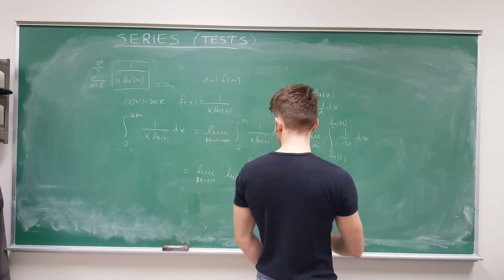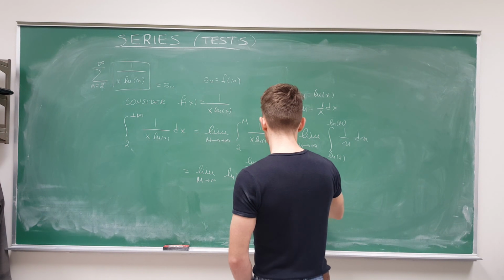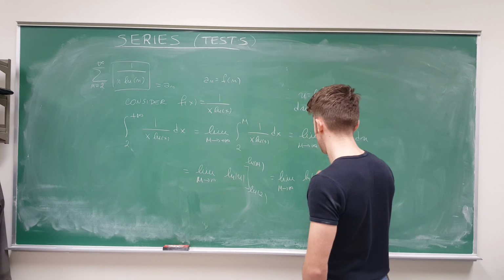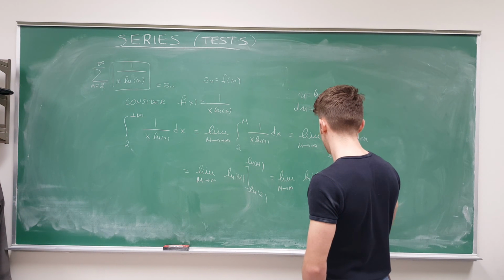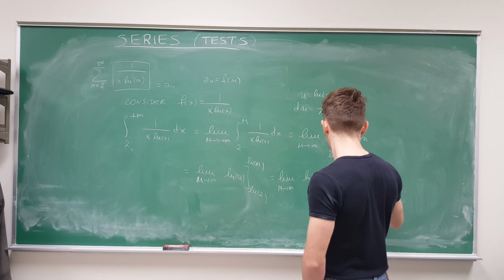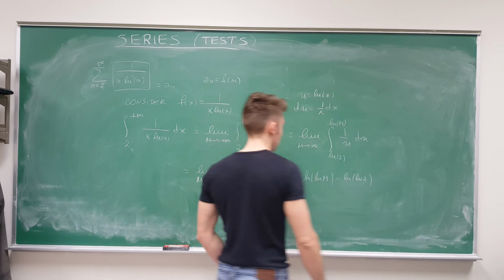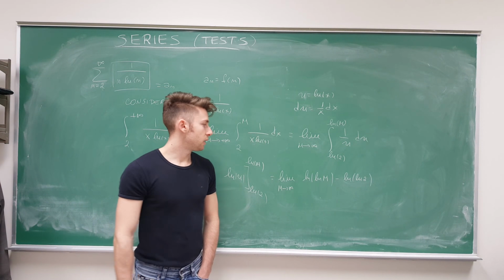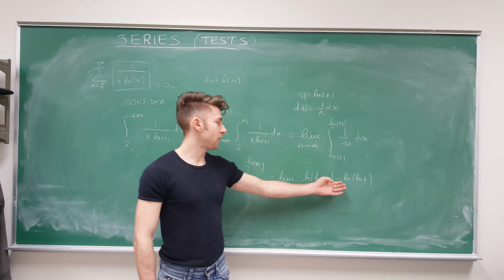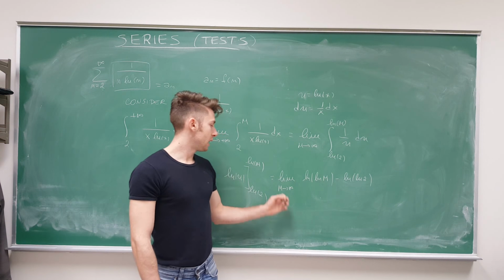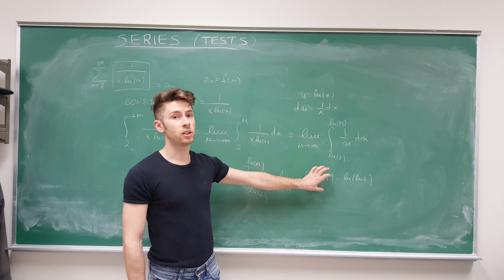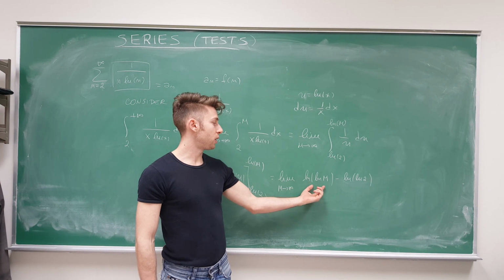So this means I need to compute the following limit, right? First I evaluate at ln of m, and then I subtract, evaluate at ln of 2. Now I have to take the limit when m goes to infinity. So m is only here, so the limit is going to be here.